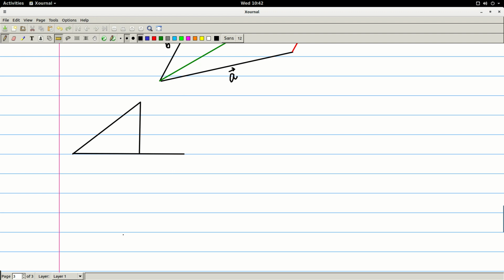Imagine that this is a right angle triangle, okay? And let us label them. Let's say this is the base, this is the perpendicular, and this is the hypotenuse, okay? And here we got theta as angle. Our sine theta, cos theta, and tan theta, they are all based on these things. What's sine theta? P by H. What's cos theta?